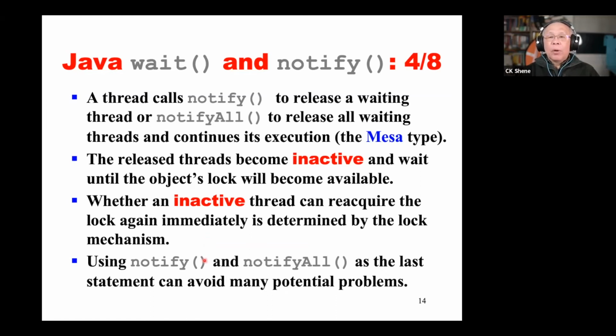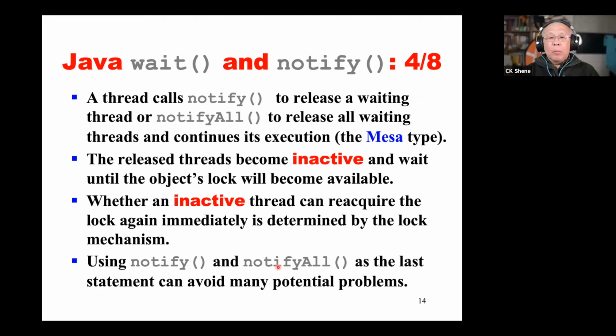So to avoid this situation, a good suggestion to you is to use notify and notify all as the last statement, because it can avoid many potential problems. Why? Because when you call notify or notify all, if it's not the last statement, the caller of notify or notify all still owns the lock of the common object.